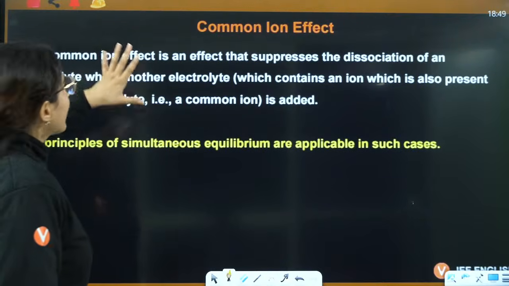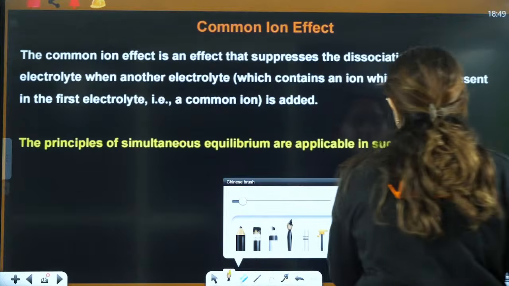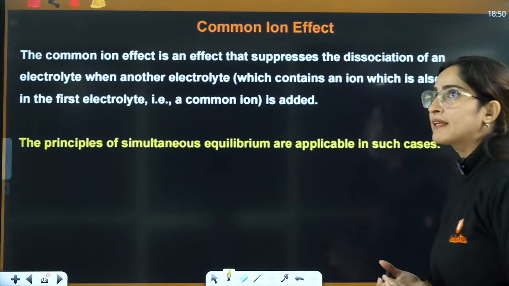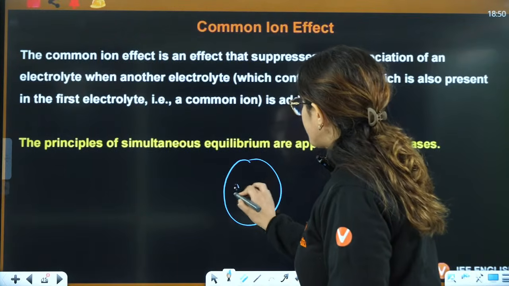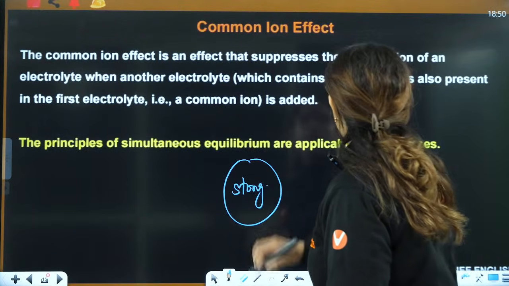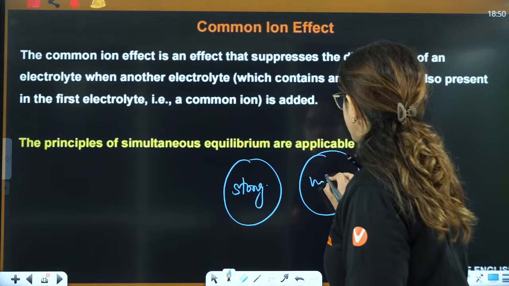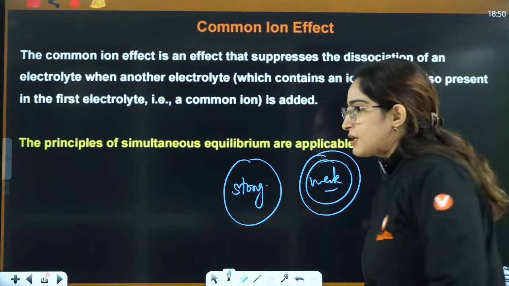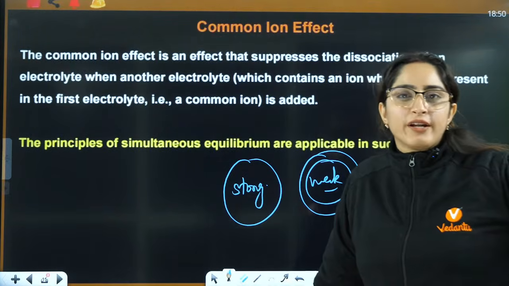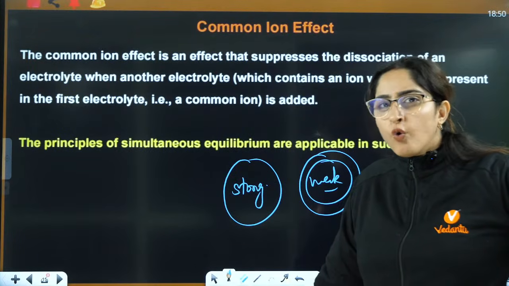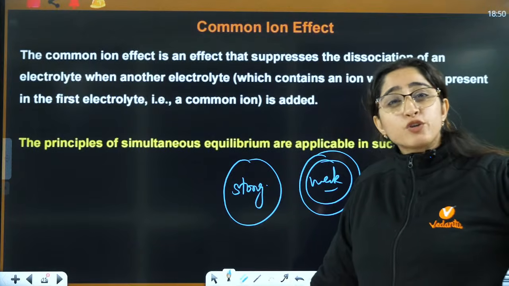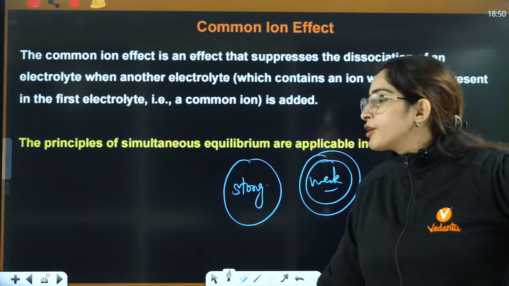So let's see common ion effect. Common ion effect, that means we want to say that let's say one person is strong, a strong person, and there is a weak person. So let's say you are not that confident, right? But still, when you're alone, when you're in your home, you try to be confident, you try to behave confidently in front of others.